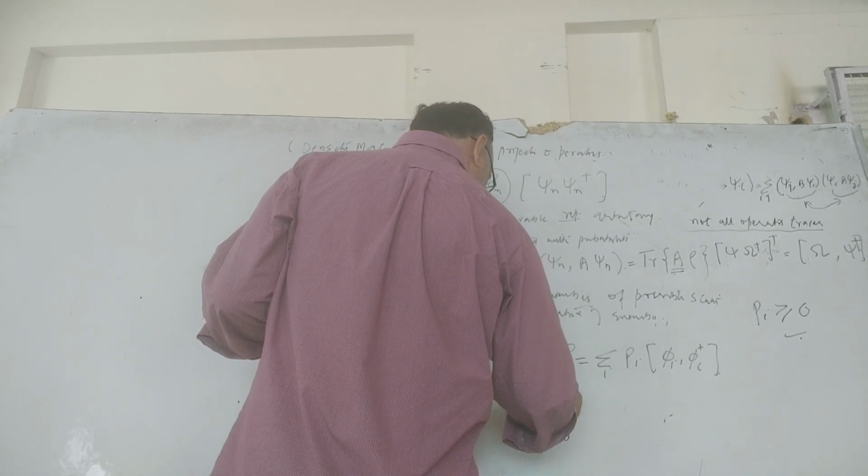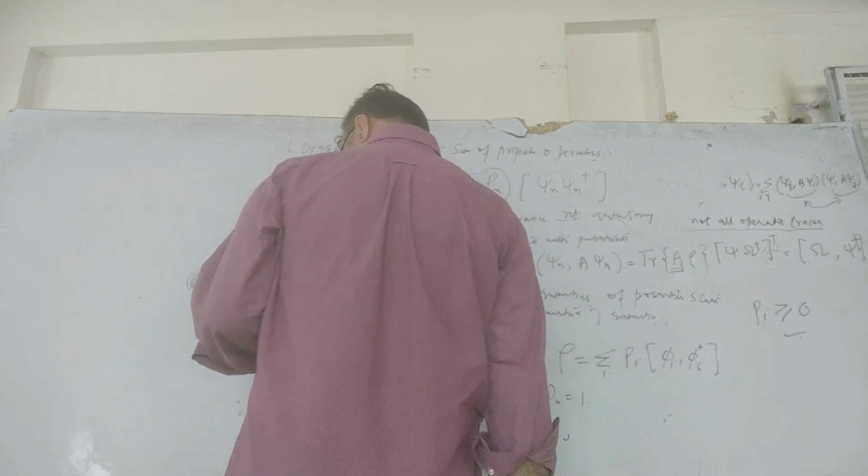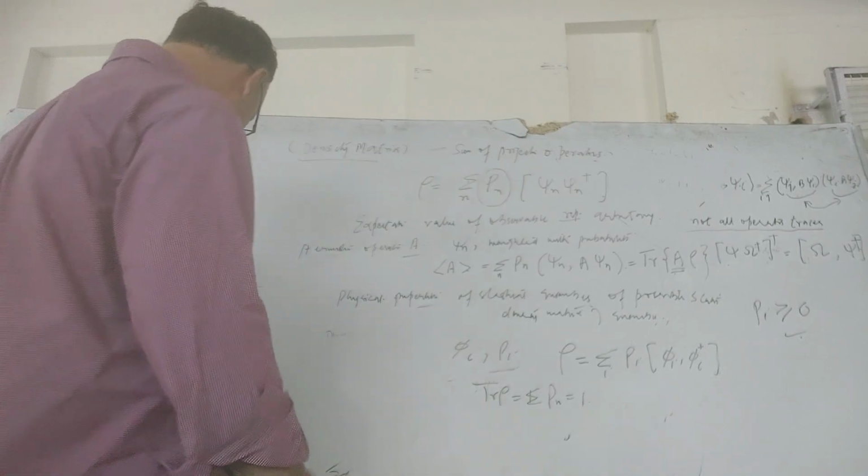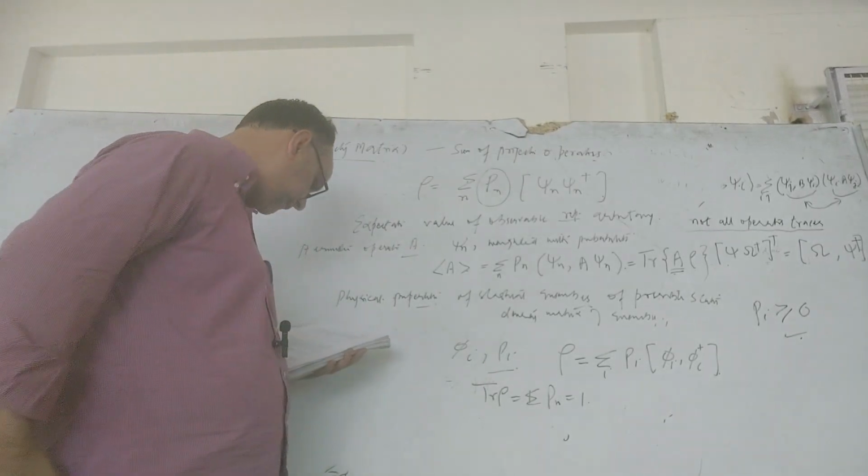So the sum of p n is equal to 1. So we are going to calculate the expectation values concerned.